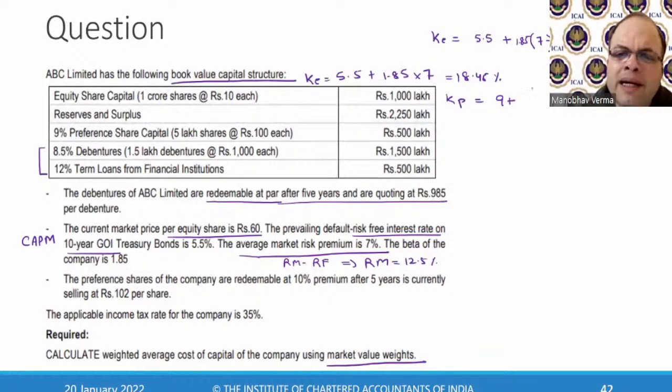And they're redeemable at a 10% premium. So we're talking about 110 minus 102 upon 5, and then 110 plus 102 upon 2. That is 10.6 upon 106. So we are looking at 10% here. Cost of preference is coming out to exactly 10%.